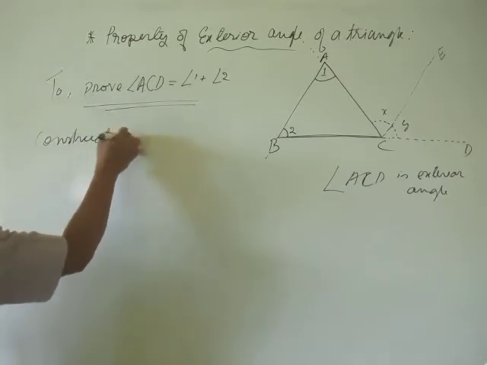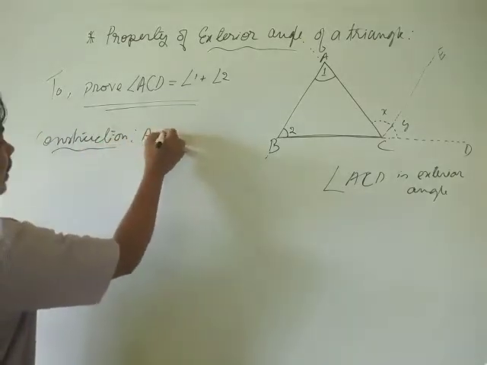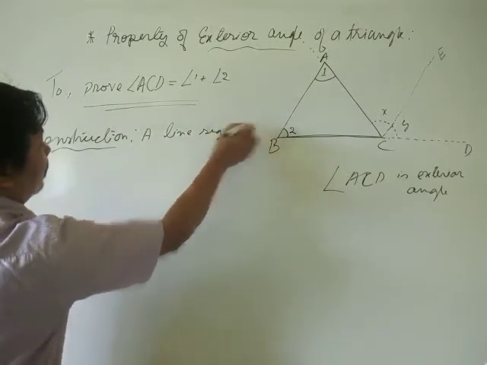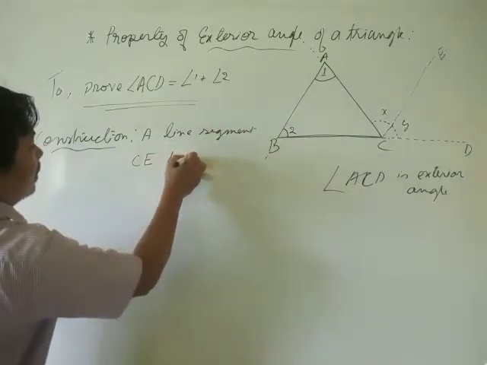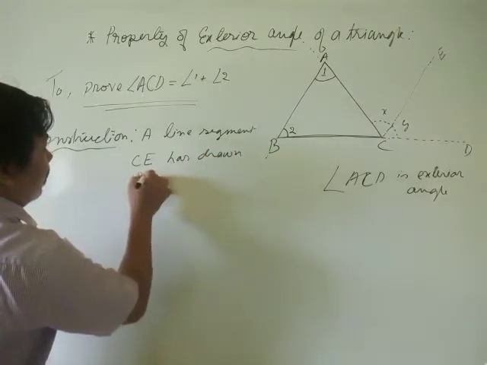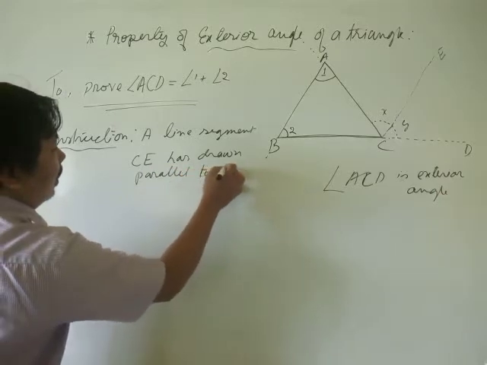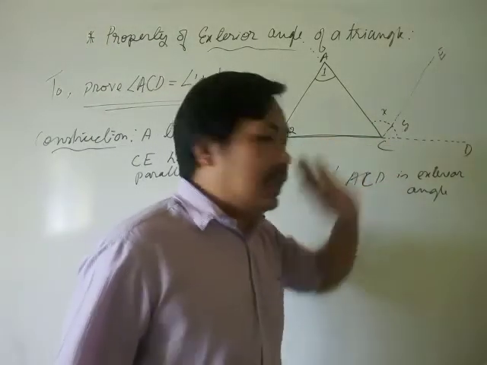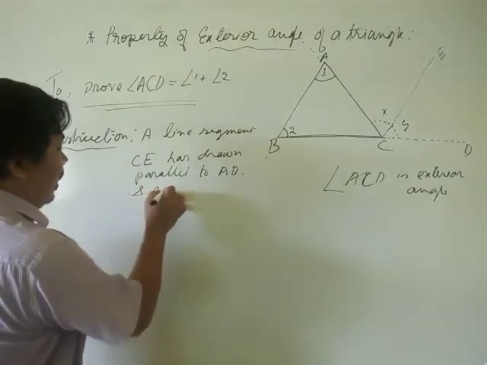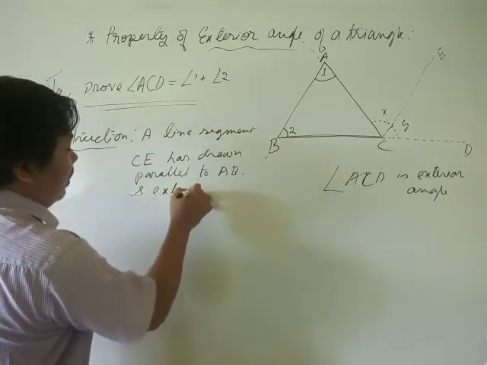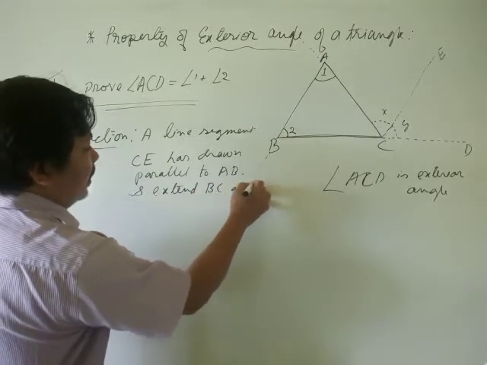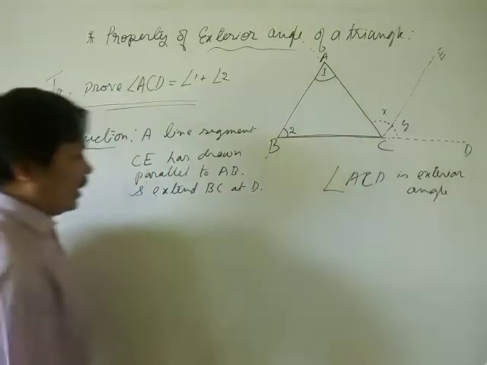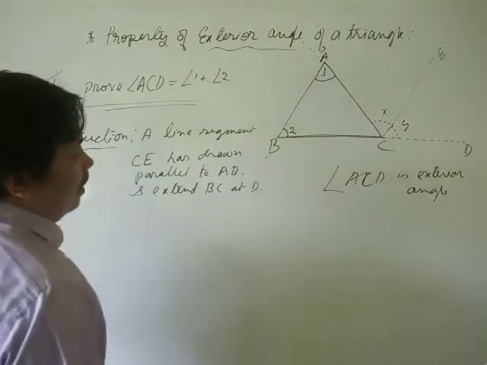In construction, a line segment CE is drawn parallel to AB, and we extend BC to D. So now ACD is the exterior angle.